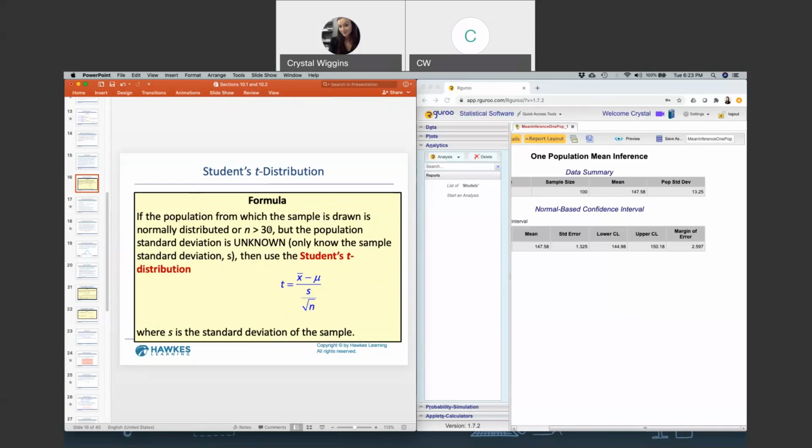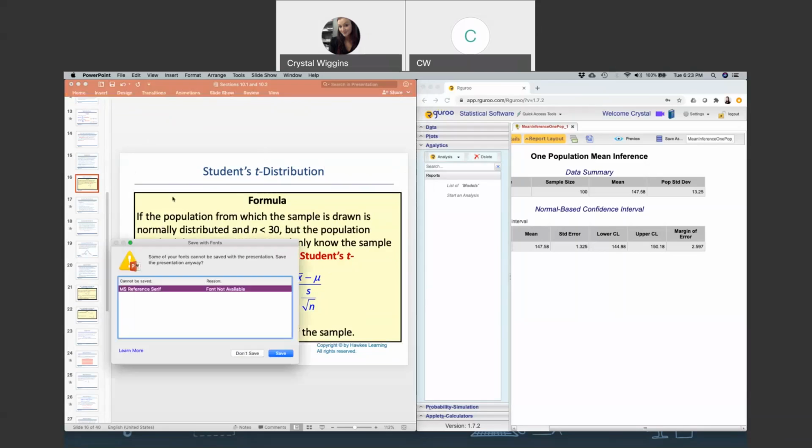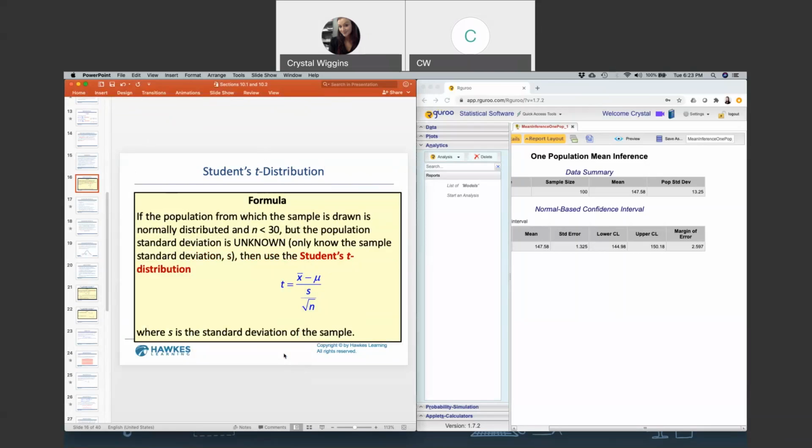Now here, typically we use the t-distribution when it's specifically stated that it's normally distributed and n is less than 30. Because if n is greater than 30, then we qualify to use that z distribution, which is probably better to use because it is standardized.